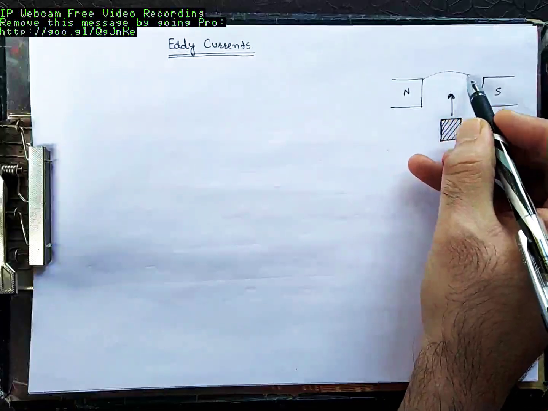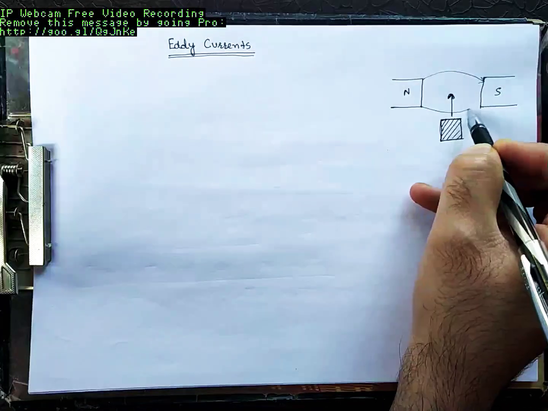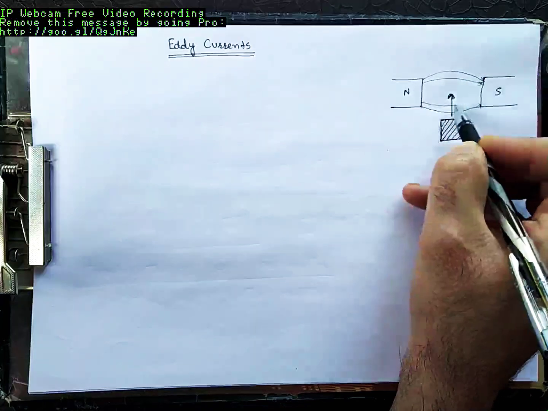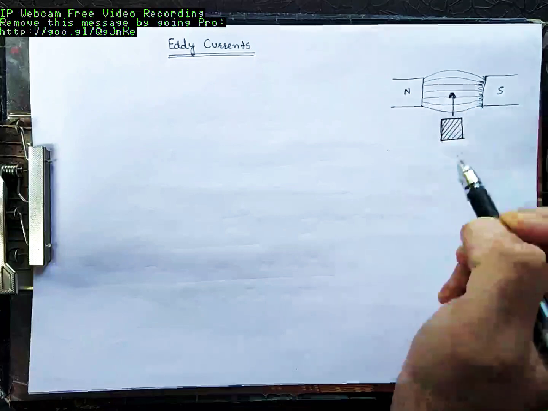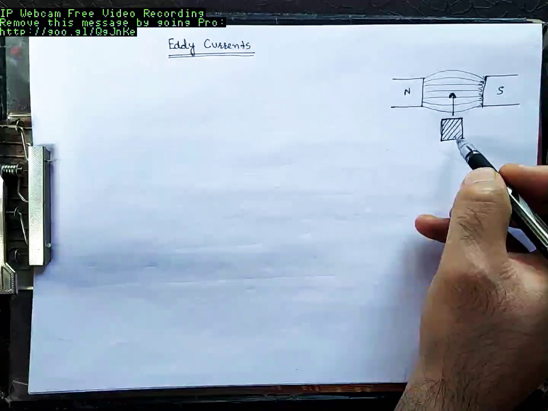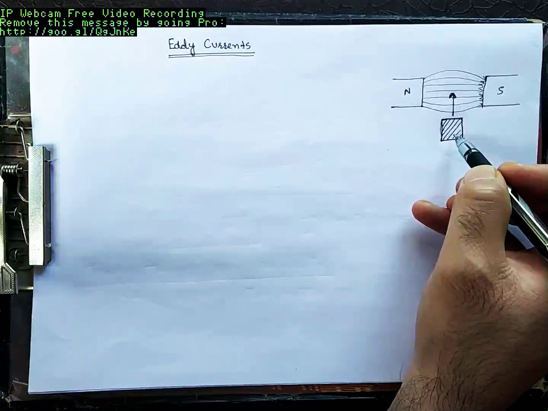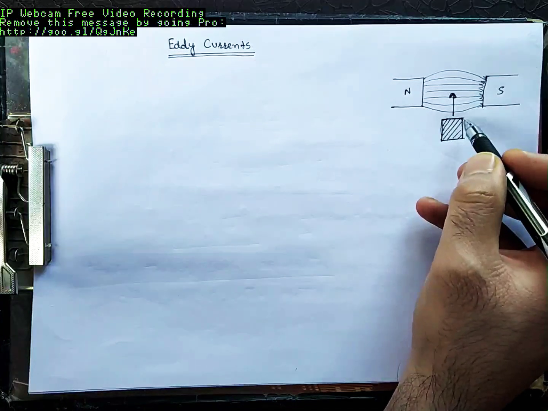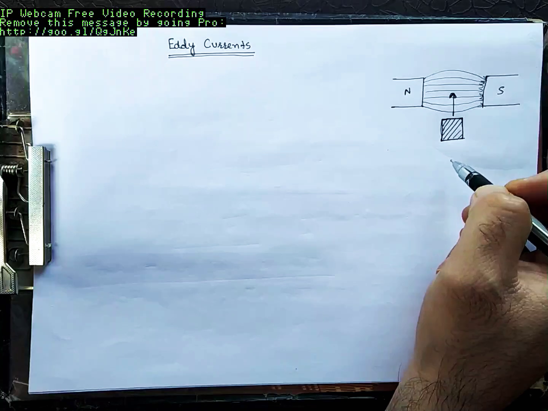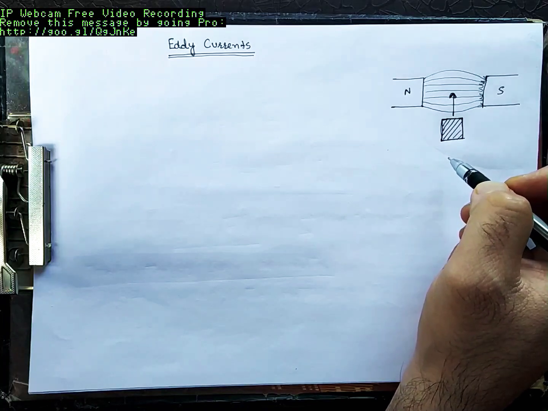We'll roughly draw the magnetic field lines like this. So when you bring this flat sheet of conducting material into the magnetic field here, flux is increasing through this sheet. When you get this out of the magnetic field, flux is decreasing.